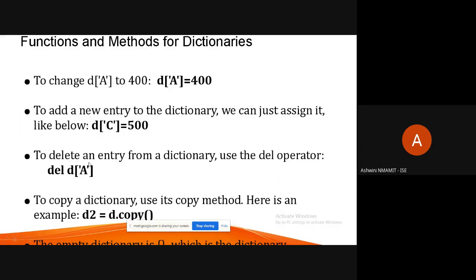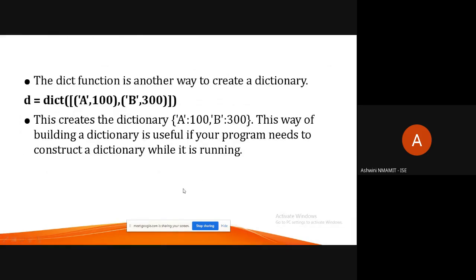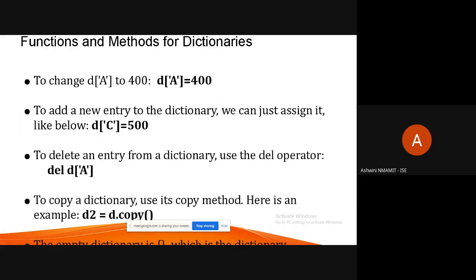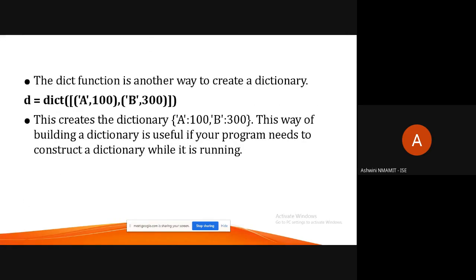And of course, I can delete an entry from a dictionary using the del operator, just like we had done in the list. And we can also copy a dictionary to another dictionary using the copy method.